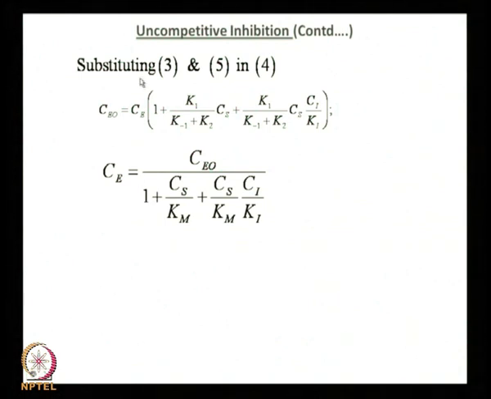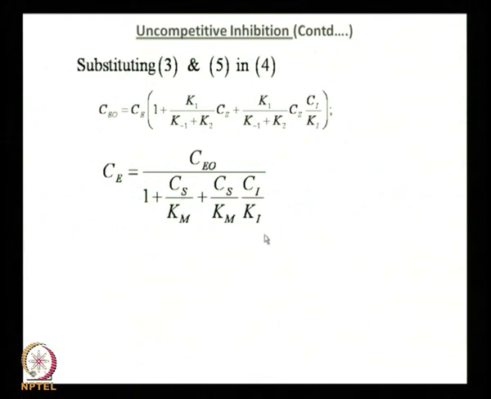If you look over here, what is happening is that the CE is now expressed in terms of CE naught, and as I said before, the reason we do that is because it is not possible to measure the free enzyme. So, CE is now given by CE naught over a denominator composed of the substrate as well as the inhibitor.